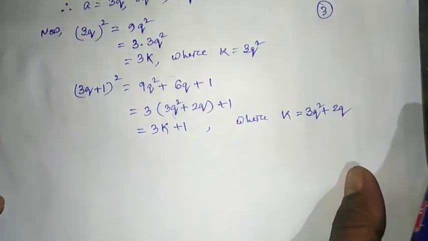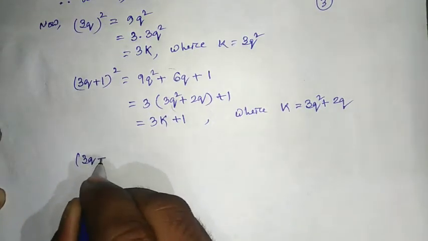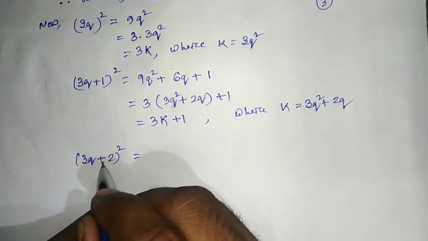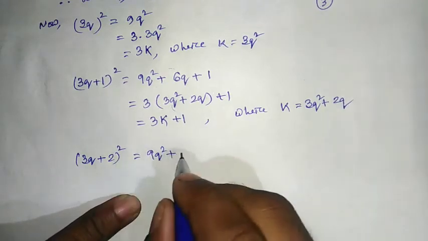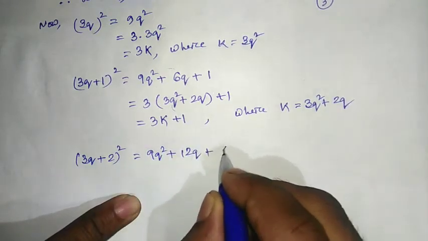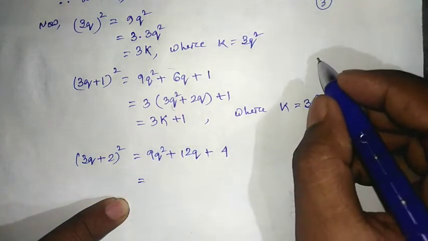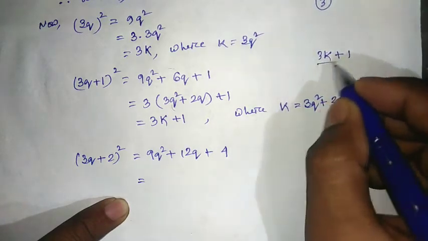So we will see the next integer, 3q plus 2, (3q plus 2) square. It is again (a plus b) whole square, that means 9q square plus 12q plus 4. Again we need one extra 3, and we have to make it in the form 3k plus 1.